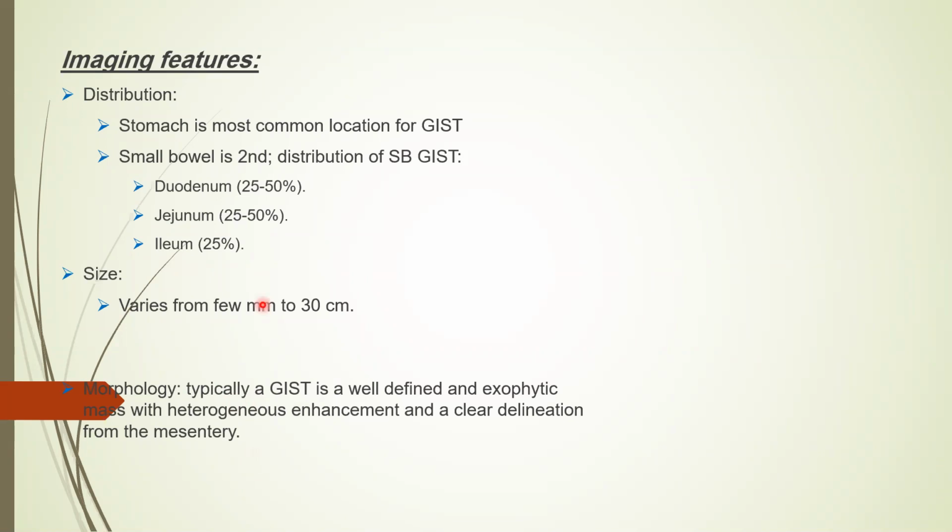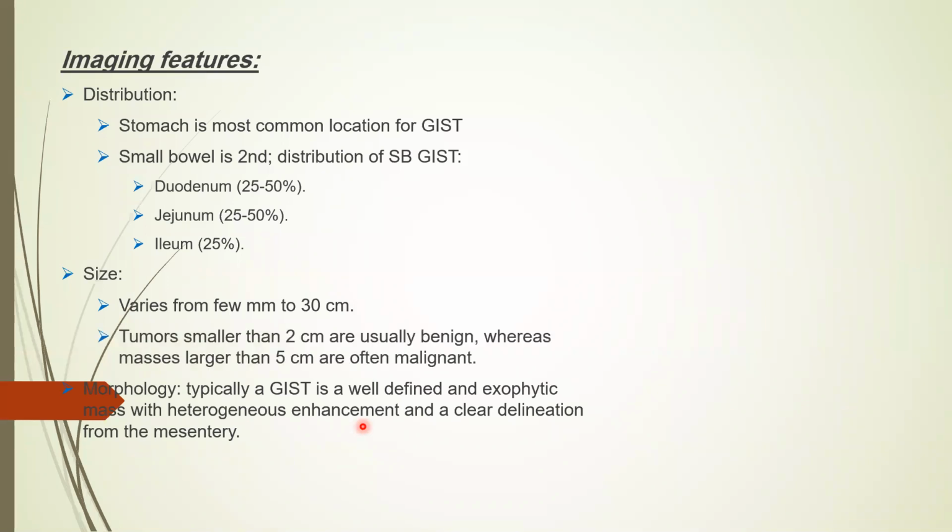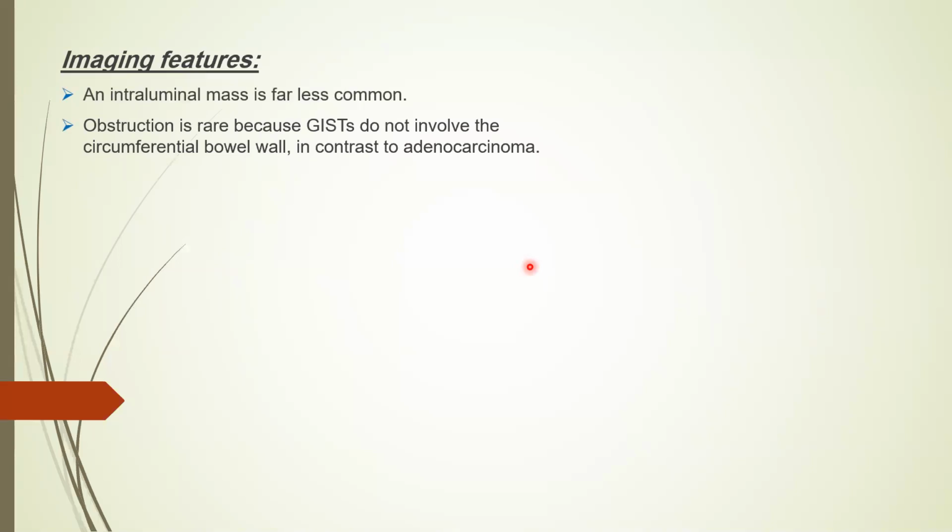GIST typically presents as a large exophytic mass with heterogeneous enhancement and clean delineation from the mesentery. Tumors less than 2 centimeters are usually benign, while those larger than 5 are often malignant. An intraluminal mass is less common.